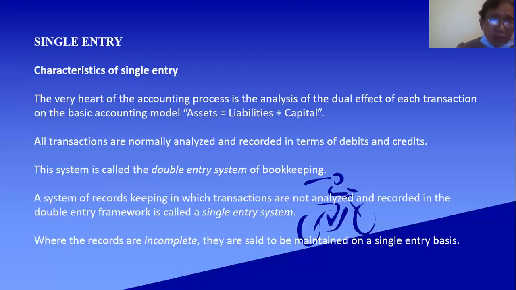So from the gross income of 2,320,000, we deduct the expenses of 1,911,000, giving us the net income of 409,000.